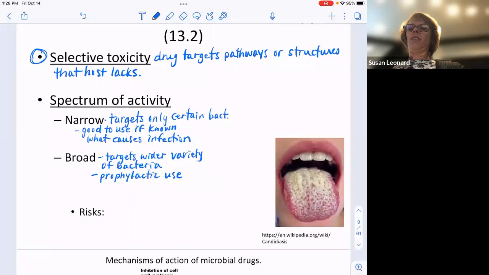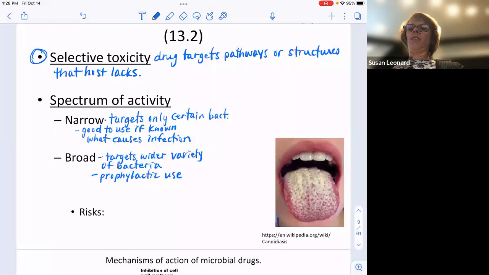So for example, my son went and got his wisdom teeth out. At the same time, the oral surgeon gave him a couple doses of penicillin to take. Our mouth is a pretty dirty place. We have a lot of bacteria in there. So just to ward off the chance of an infection from getting those wisdom teeth out, he took a couple penicillin.